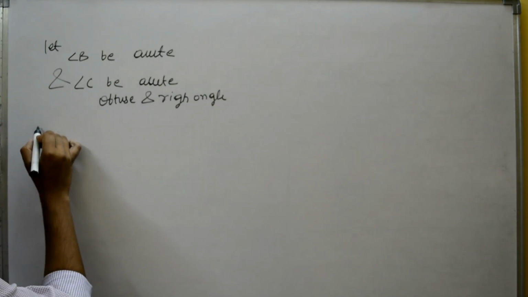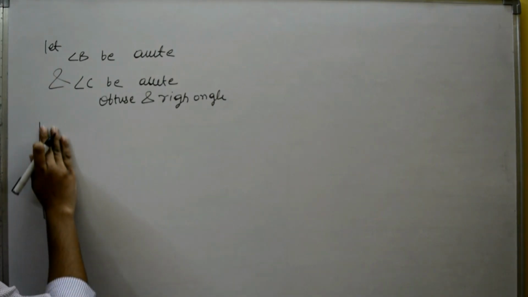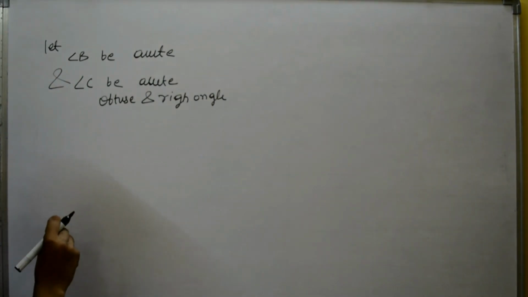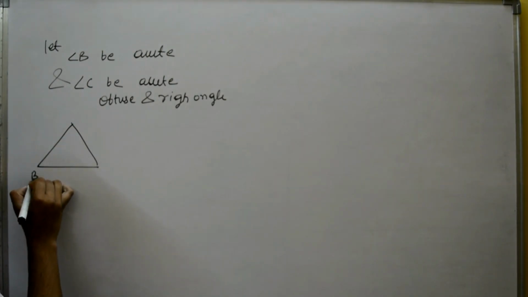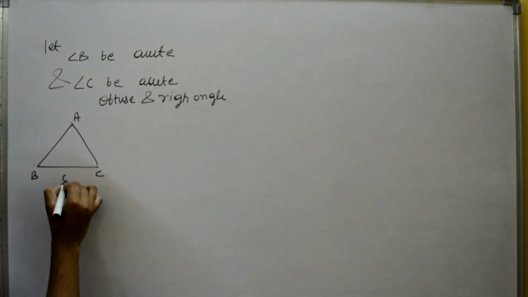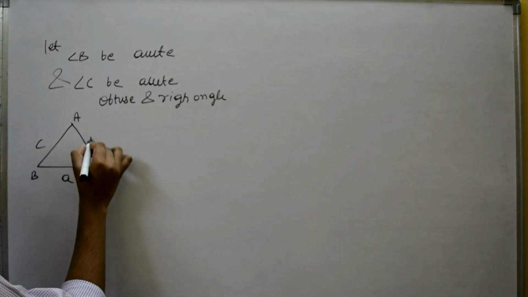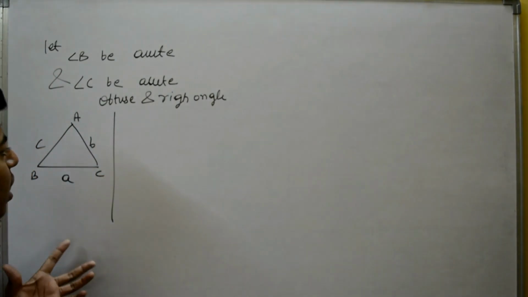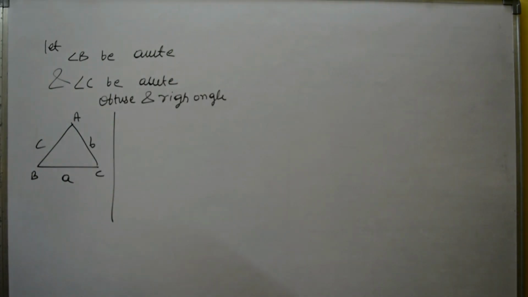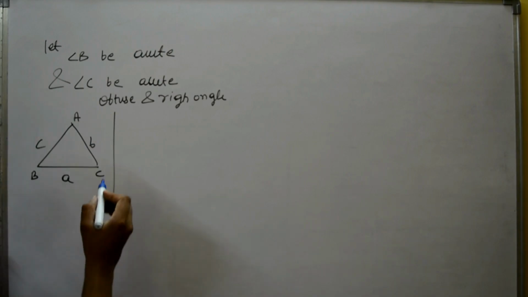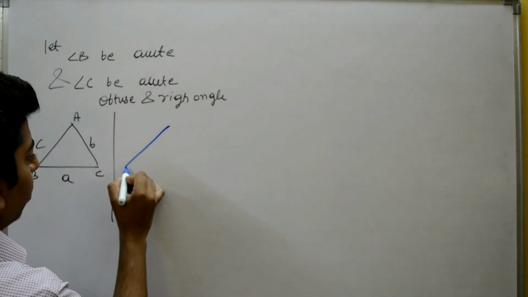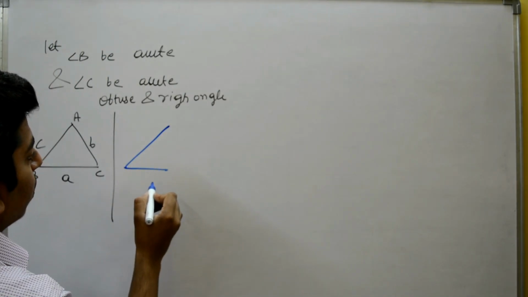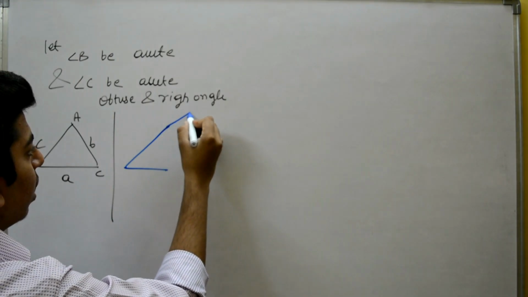I will not draw the lines. So the triangles will be like this, with vertices B, C, A and sides a, c, b. This is one. Another one is where B is always acute, but now C is an obtuse angle.